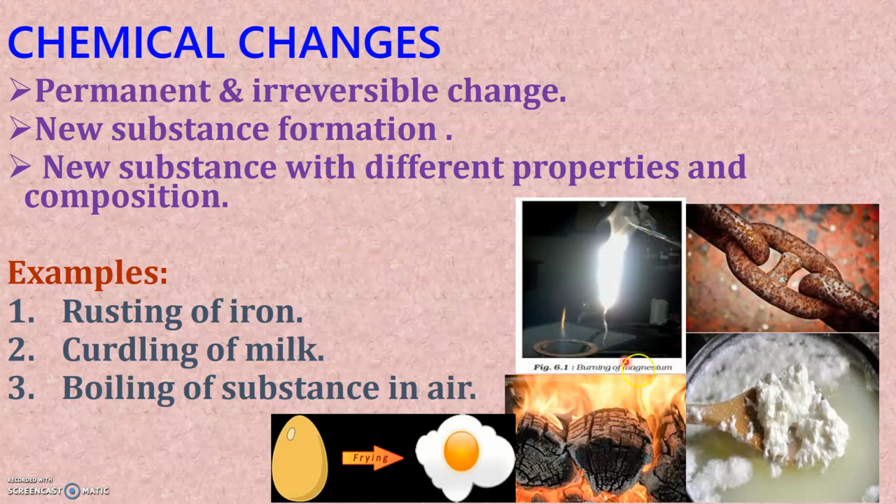Similarly, in the curdling of milk, milk changes to form a new substance, that is curd or paneer or cheese. Burning of coal, frying of an egg. In all these cases, there is a new substance formation and these changes are permanent and irreversible, and also the new substance that is formed has different properties and composition compared to the original substance.